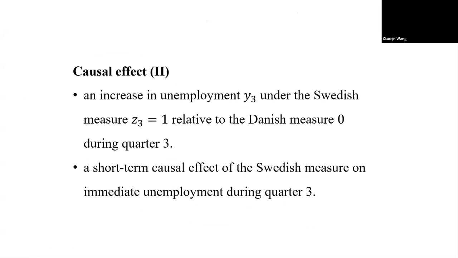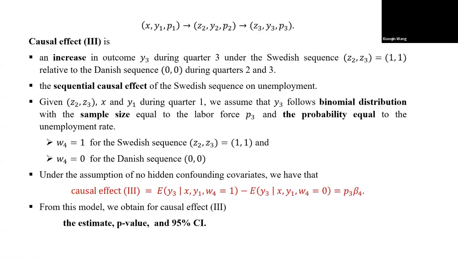Number 2, similarly, we consider quarter 3. It's the measures during quarter 3 on the outcome during quarter 3, so it's a short-term causal effect. And we also consider the sequential causal effect. That's the Swedish sequence during quarters 2 and 3, compared with the Danish sequence during quarters 2 and 3.